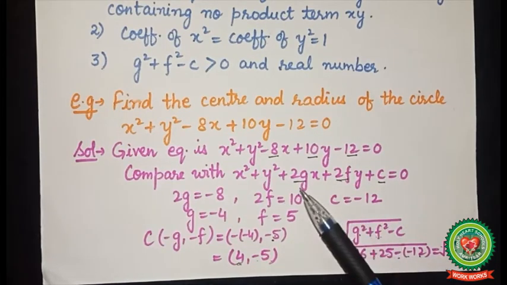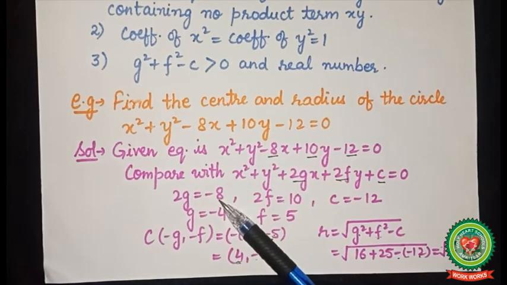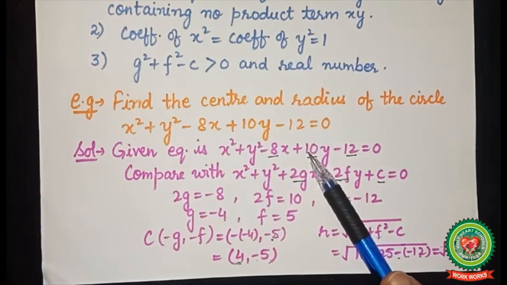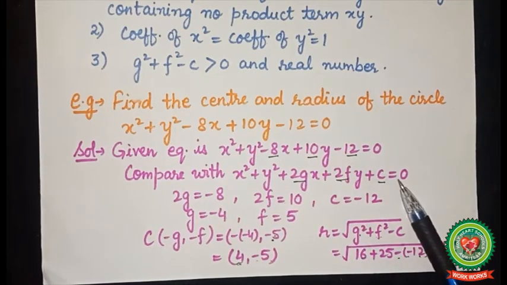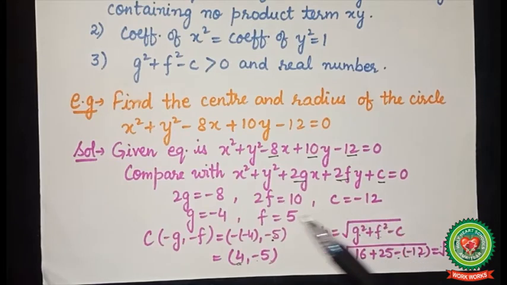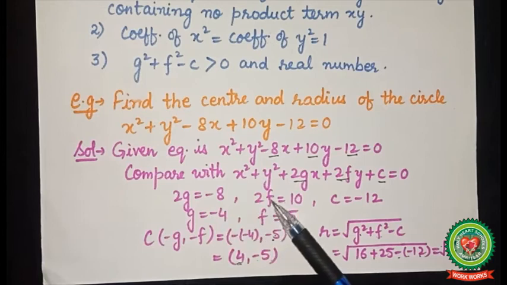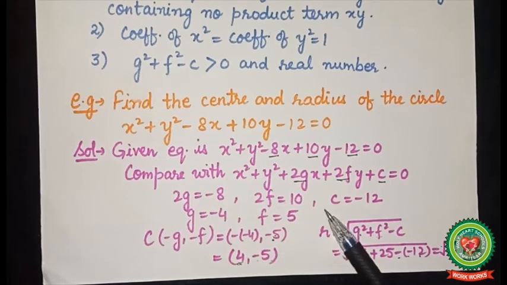Now in comparing, 2g is equal to minus 8, 2f is equal to 10 and c is equal to minus 12. We get the value of g is equal to minus 4, f is equal to 5 and c is equal to minus 12.